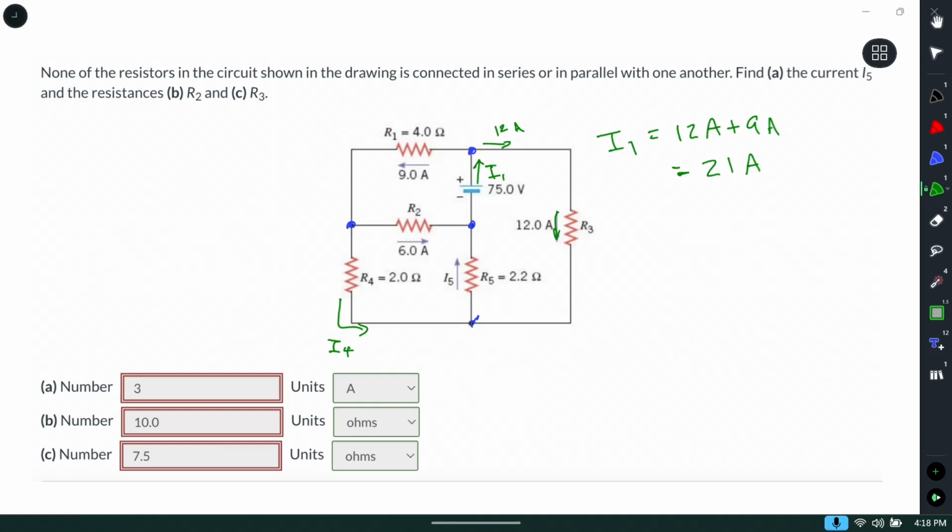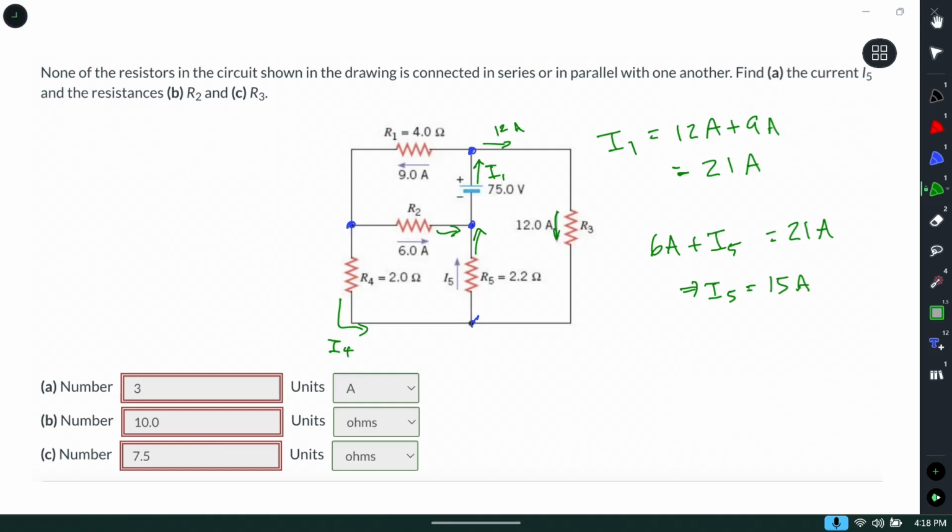All right, I keep going. I could look at this junction. I5 goes in, 6 amps goes in, I1 comes out. 6 amps plus I5 equals 21 amps. That means I5 must equal 15 amps.